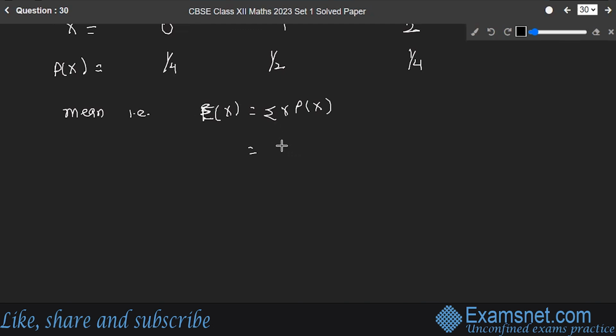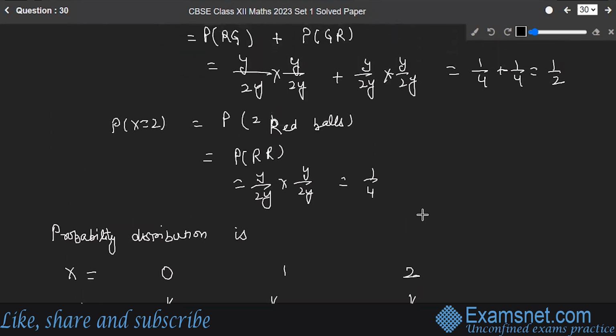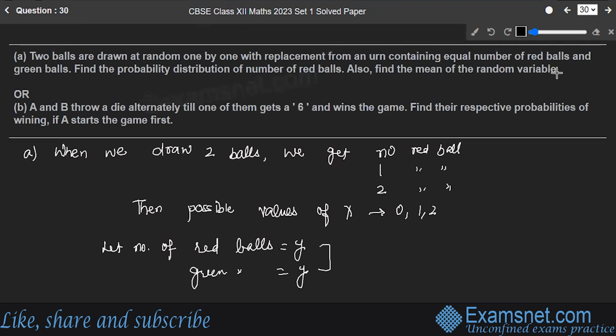Let's multiply. This is 0 into 1 by 4 plus 1 into 1 by 2 plus 2 into 1 by 4. That is equal to 0 plus 1 by 2 plus 1 by 2, that is equal to 1. So the answer to find the mean of the random variable is 1.